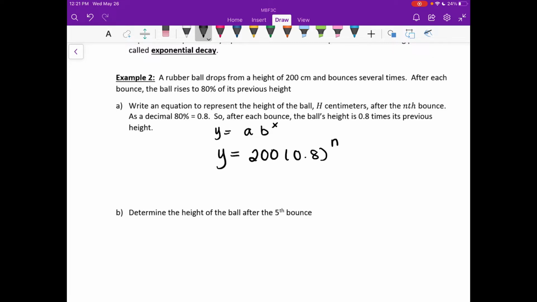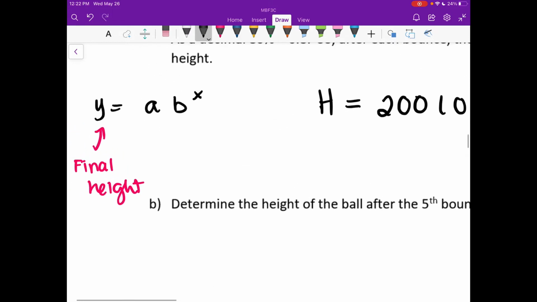So we're just going to use this basic equation to make the new one. And again, if you would like, I'm just going to pull this over here and I'll write out what each one represents. So this is the final height, so I'm going to change that over here to h. That's our final height. This was our initial height.